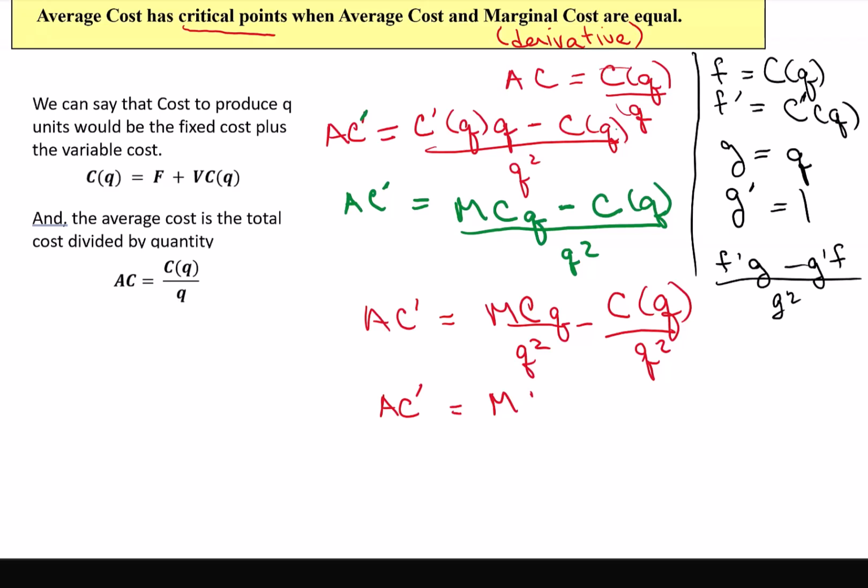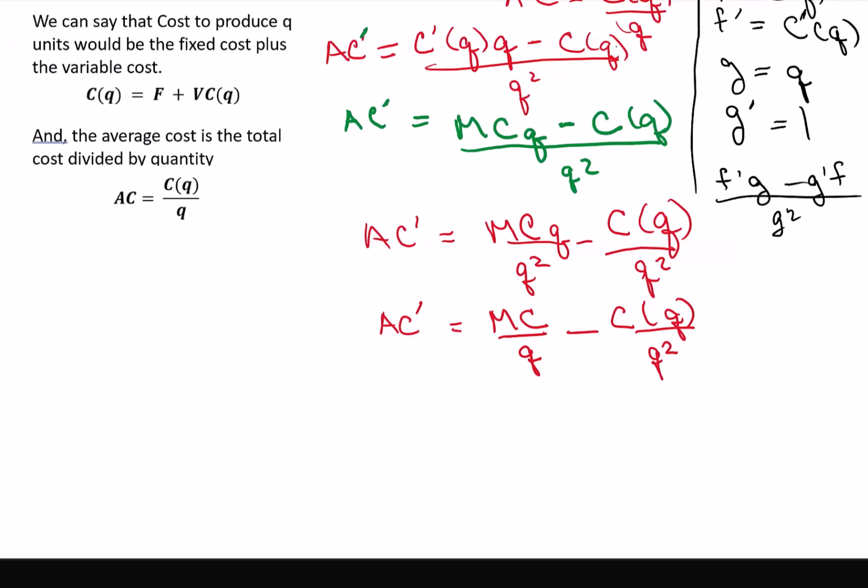I get marginal cost over Q, quantity, minus cost over quantity squared. Now I can say this derivative is equal to 1 over Q. I'm going to factor the Q out, times the marginal cost minus the cost divided by Q.